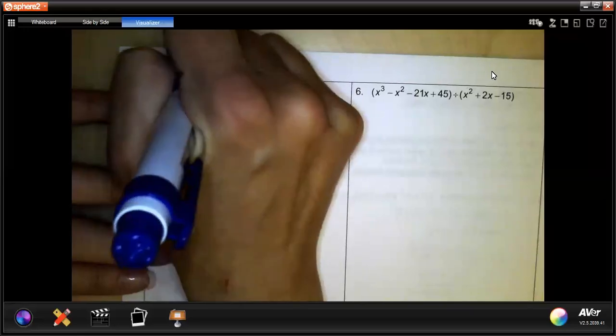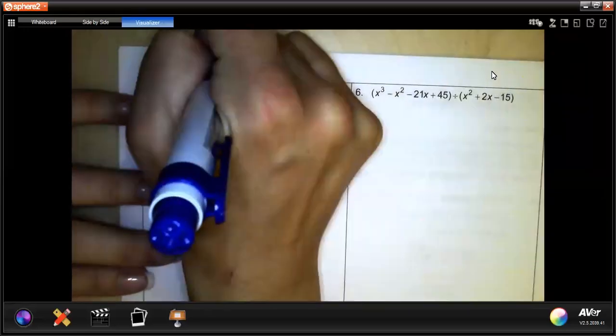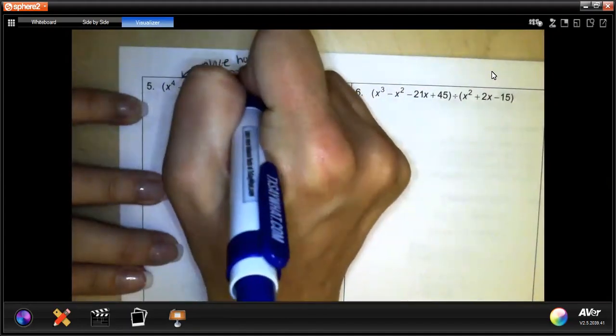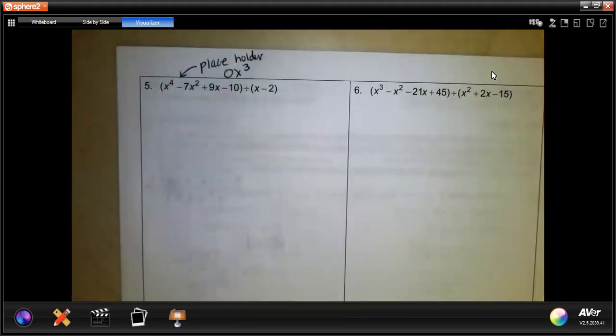So you are going to want to put a placeholder for that x cubed just to keep things organized. So you would put 0x cubed in that place so that there is something there to keep the stuff organized, but 0 times anything is 0.